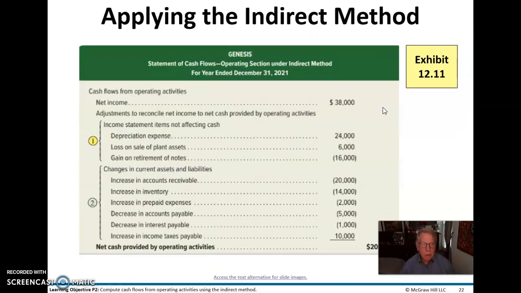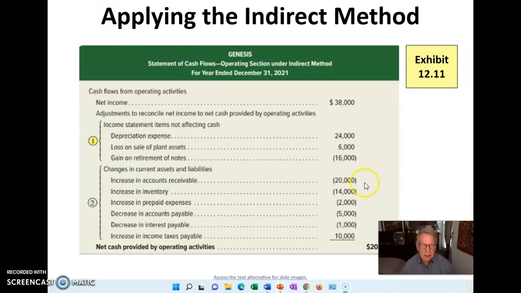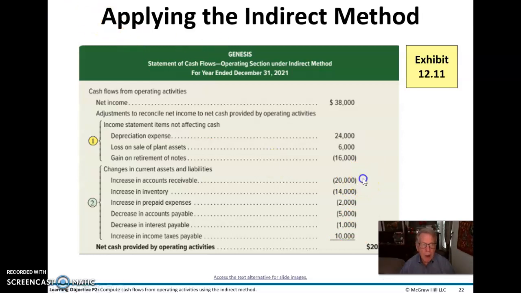What that means is that I've used cash to increase those current assets. So that's a subtraction on our statement of cash flows. And so as you see, we've subtracted those here, here, and here as increases in current assets.